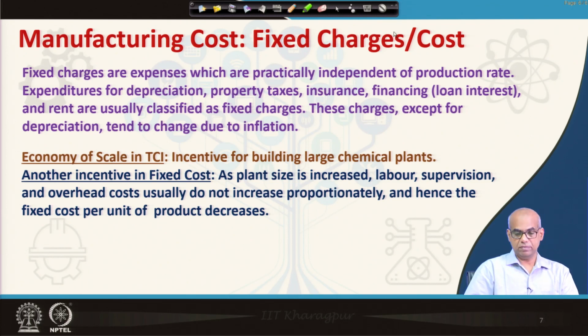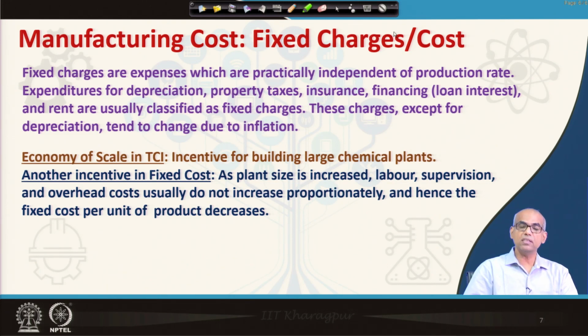Another incentive in building large chemical plants lies in the fixed cost. As plant size is increased, labor, supervision and overhead costs usually do not increase proportionately. They will increase, but they will increase to a lesser extent, and hence the fixed cost per unit of product will decrease.